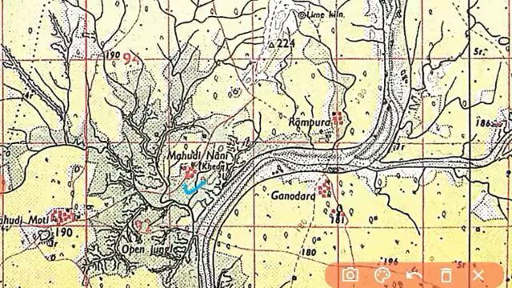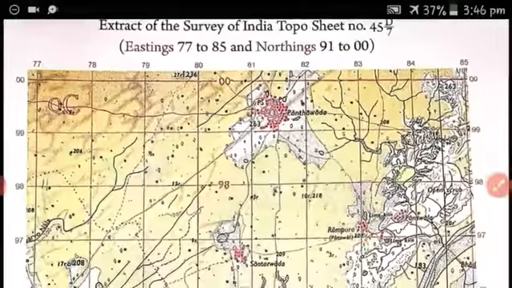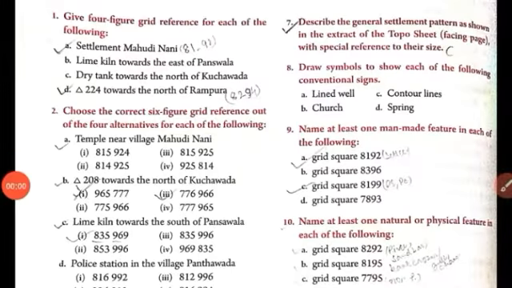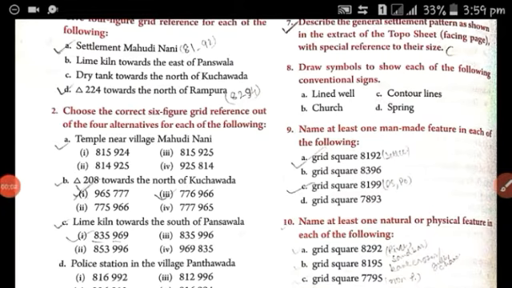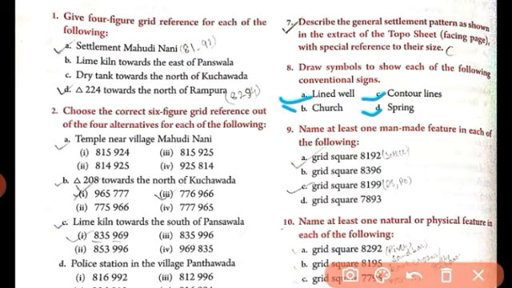Like you have the 8199, where is the 99, students? Here, this portion. We will also discuss the various features from the conventional symbols, like the symbols of chart, spring, contour lines.